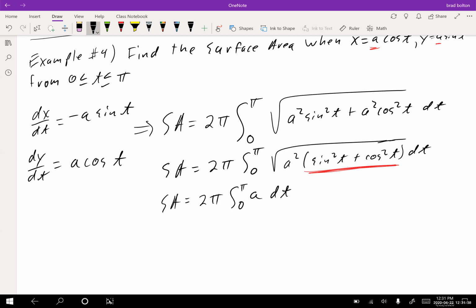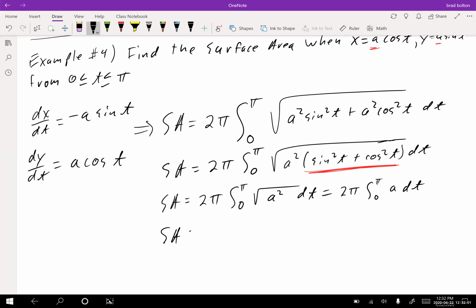Because you're basically left with, well, I guess I should write out another step so I don't lose you guys. I don't want you to say, Professor, why didn't you show that last step? That's the square root of a squared. So then this will be 2 pi integral 0 to pi of a dt.